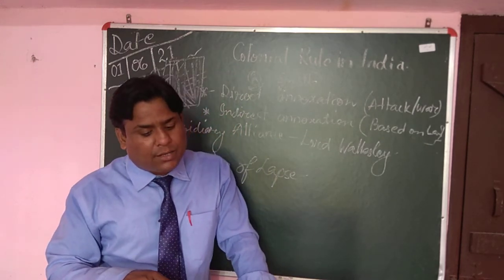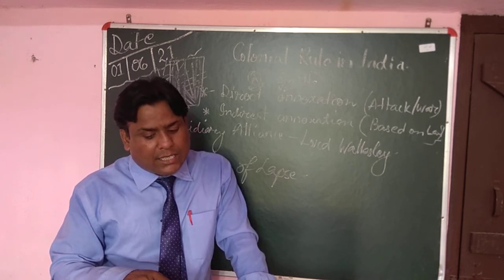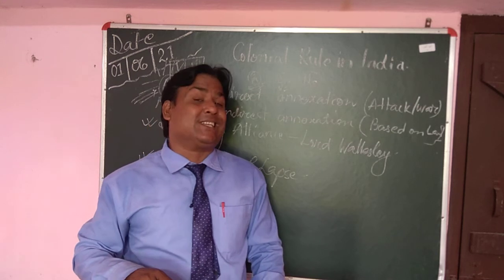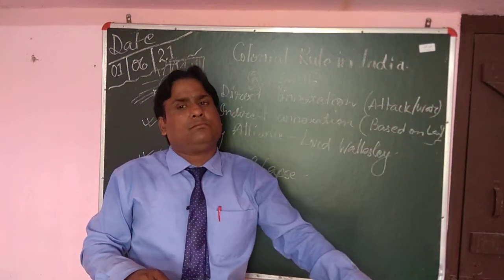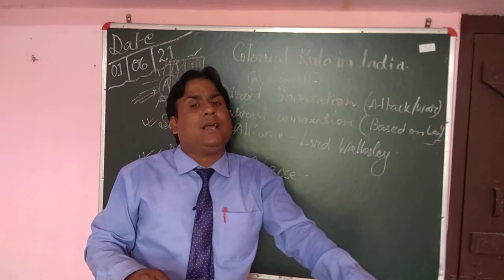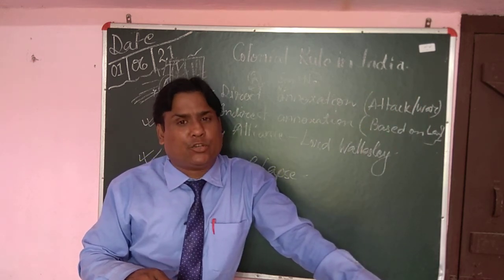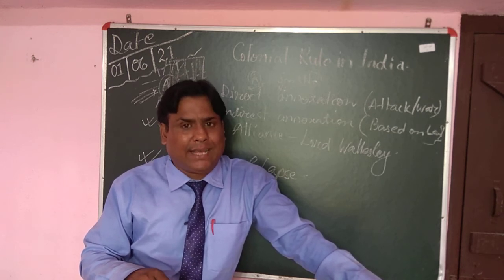Next, annexation of Awadh. In 1856, Lord Dalhousie annexed the state of Awadh and deposed its ruler Wajid Ali Shah. Lord Dalhousie claimed misgovernment as the reason for this annexation. He just threw the king out of his palace and took control. They said there was misgovernment going on, that Wajid Ali Shah was not able to rule or control the territory well.